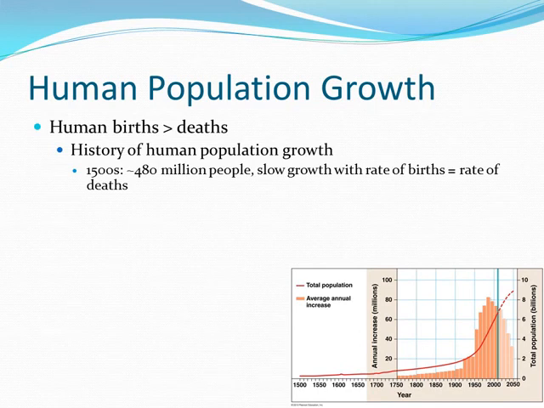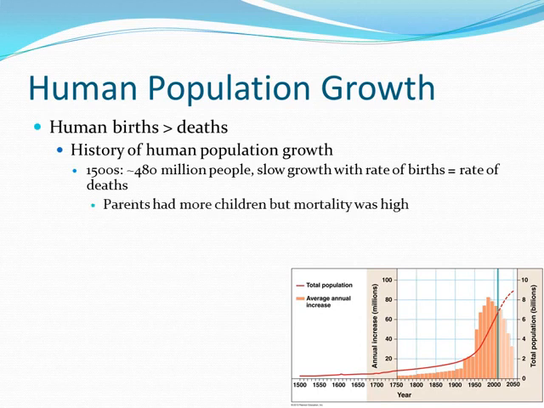The rate of births is about the same as the rate of people dying at that period of time. This is due to parents at this point in time having a lot of children, but at the same time, the mortality, or the amount of deaths occurring, was very high as well. So that's why the births and deaths are equal.